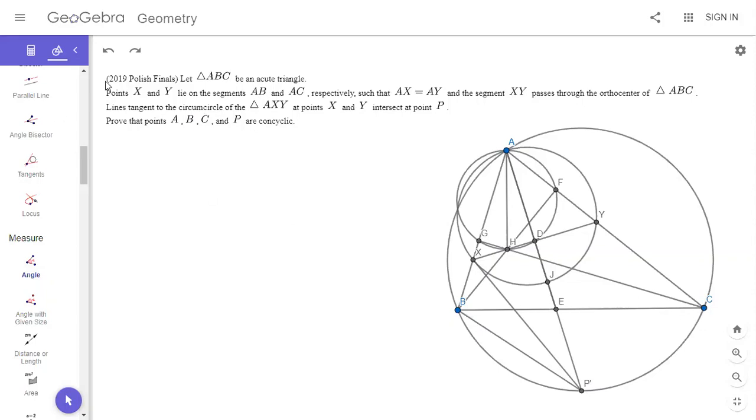How do we show that those two triangles are similar? So basically, we want to show BP prime over BX is equal to AH over HX. That would be one way to do it.